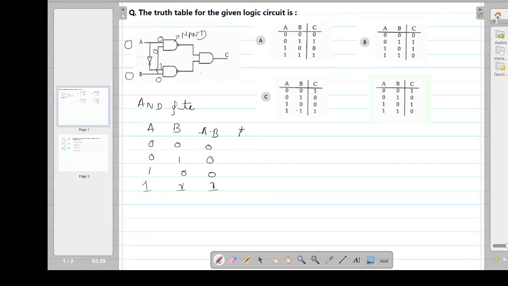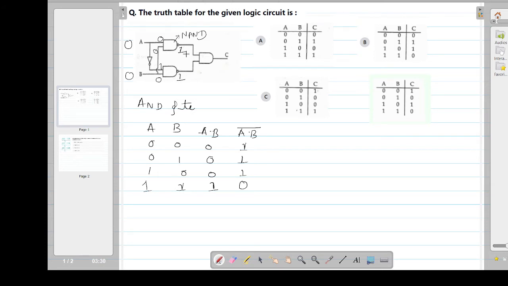In the NAND gate, my output will be the opposite of A into B. So this is 1 1 1 and 0. This is a NAND gate. For 0 0, the output will be 1, and for 1 comma 0, the output will be 1.